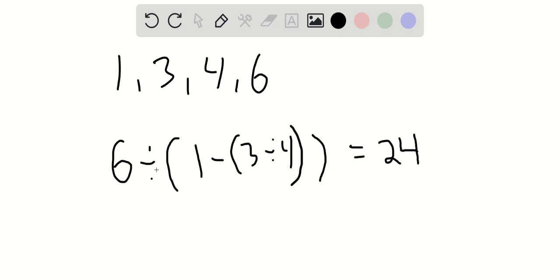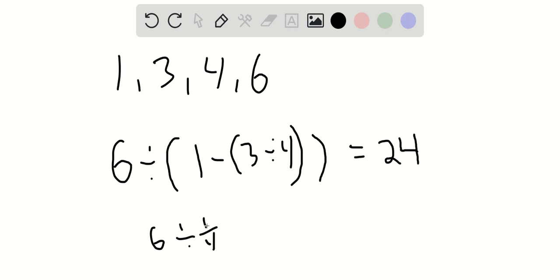So we have 6 divided by 1/4. Well, that's the same thing as asking how many 1/4 are there in 6? There are 4 fourths in 1, so there are 8 fourths in 2, and there are 12 fourths in 3, and so on.